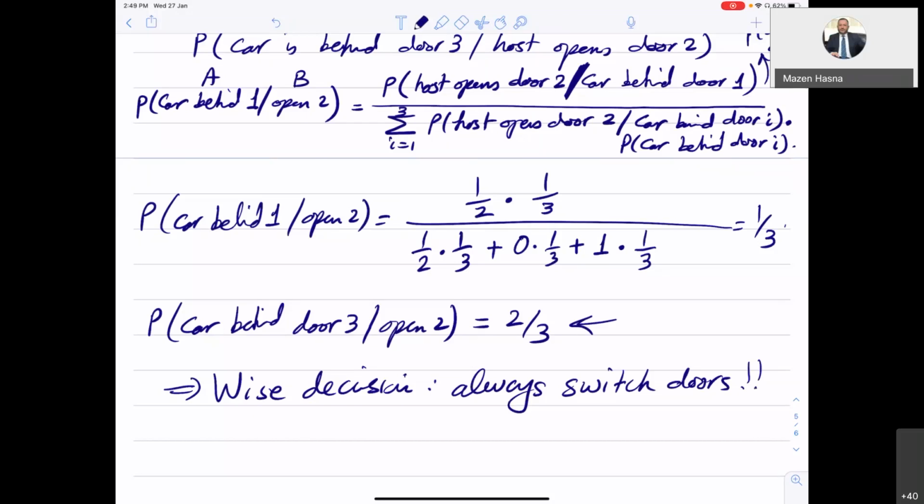So if he knows that you picked the right door at the beginning, he knows for sure that doors 2 and 3 are empty, nothing behind them. So what's the chance that he will pick one of them? There is nothing to prefer. Door 2 and door 3 are the same to him. He will pick anyone. So 50-50, 1/2 and 1/2. He can pick this or that. That's why I put 1/2 for this probability.